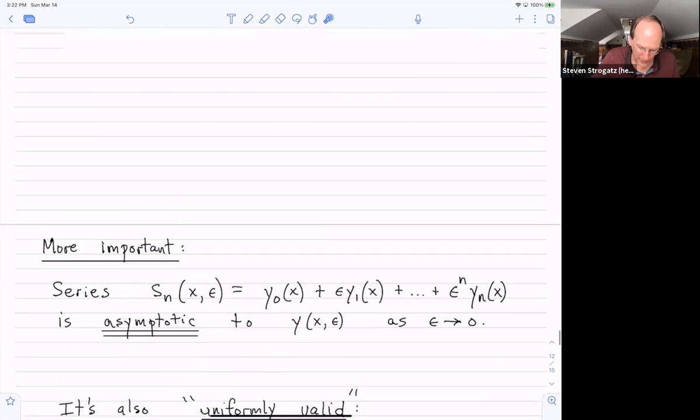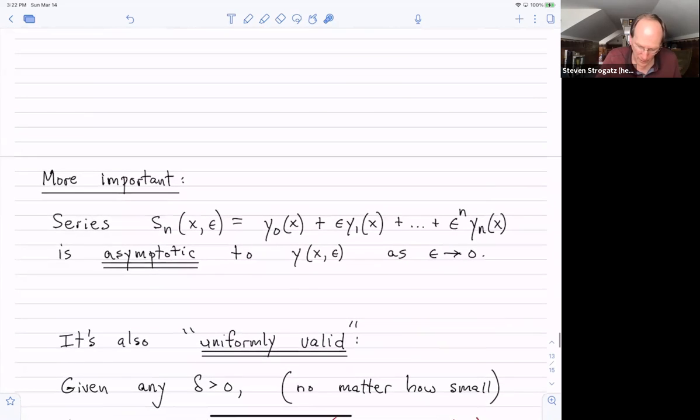So these are the important issues then, not convergence, but first of all, that the series that we write down in such a problem, typically if we had n terms, it would look like this, that such a series is asymptotic to the exact solution. That's what we want. And our methods in regular perturbation theory will give us such a thing. Asymptotic was already defined way back in lecture 2.